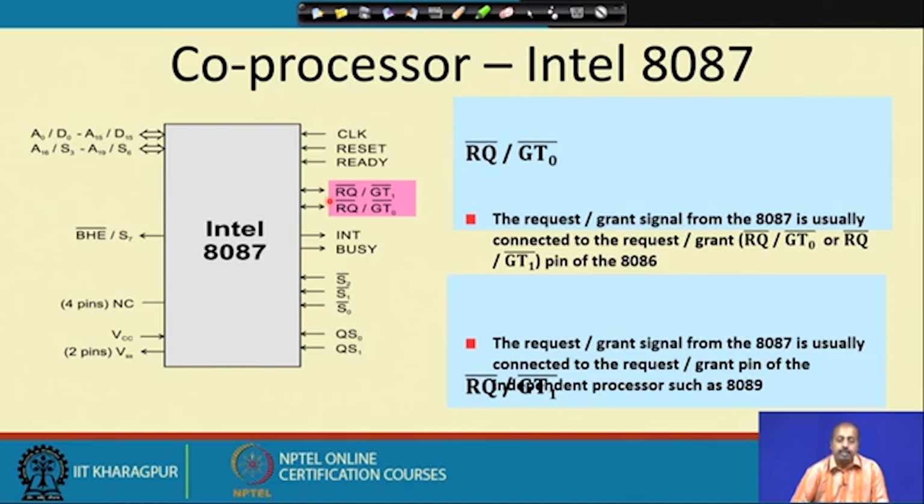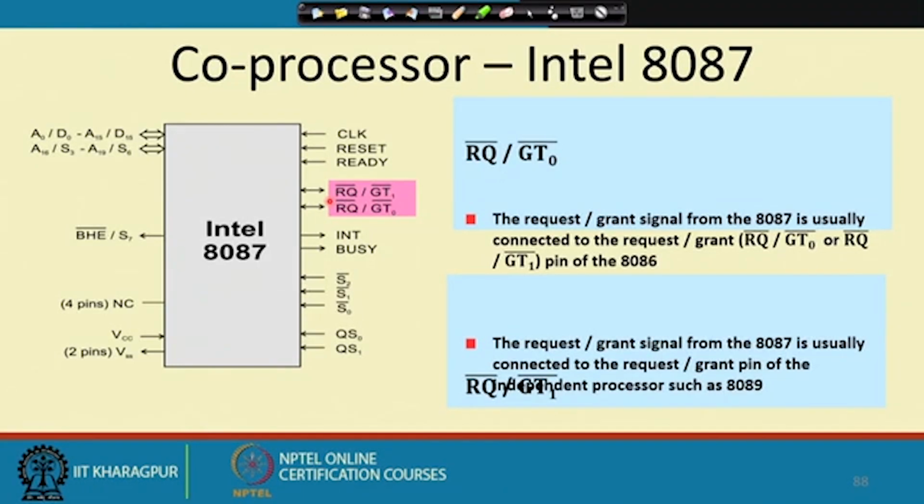Once they are released, the request is granted, the grant signal comes, and the coprocessor can access the address and data bus without any problem. Since multiple devices can be connected to the 8086, two devices can be connected on line 0 and line 1.